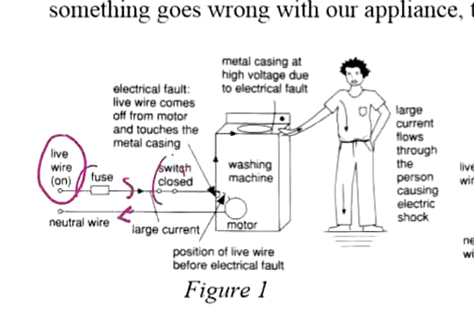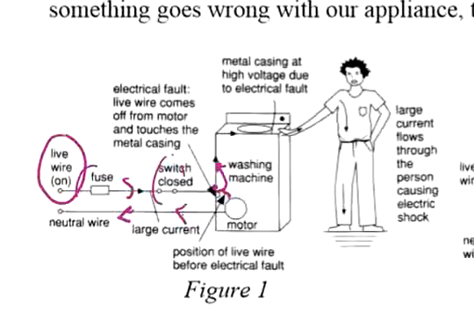However, if the wire breaks, for example gnawed by a rat or worn off, and at the end it touches the metal casing of the washing machine or electric kettle, what happens? The current, instead of going back through the neutral, will flow through the washing machine.